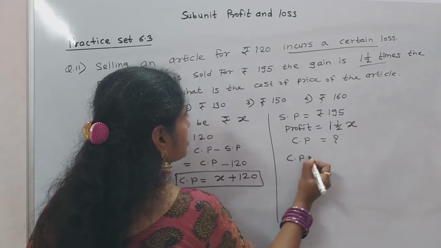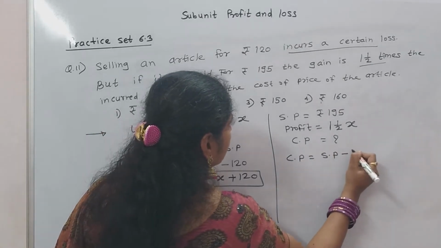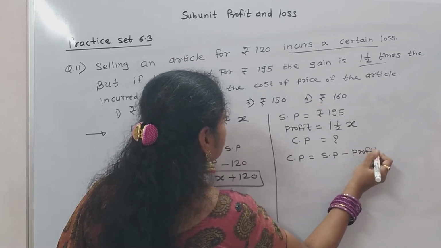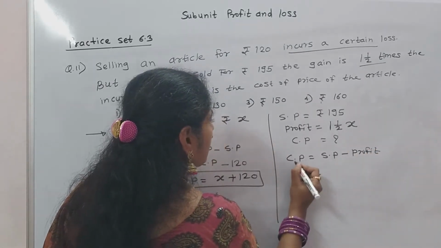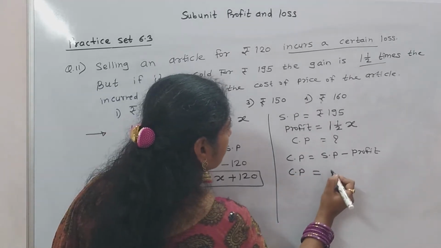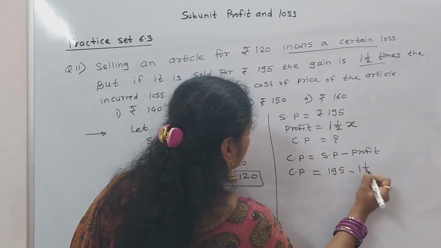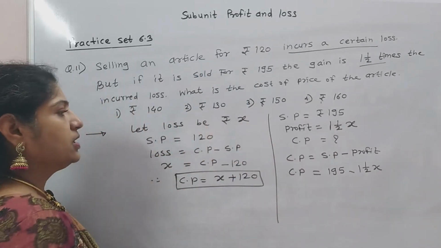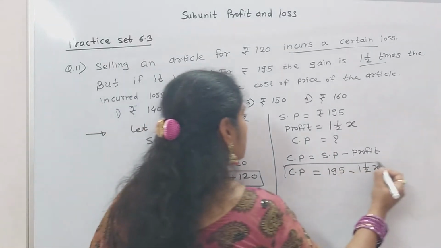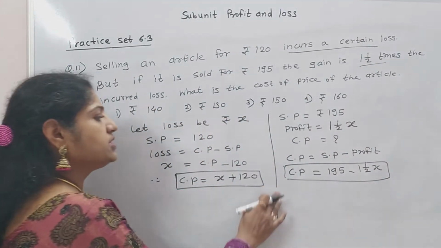When there is profit, cost price equal to selling price minus profit. Selling price 195 and profit is 1.5 X. This is the cost price of the same article.